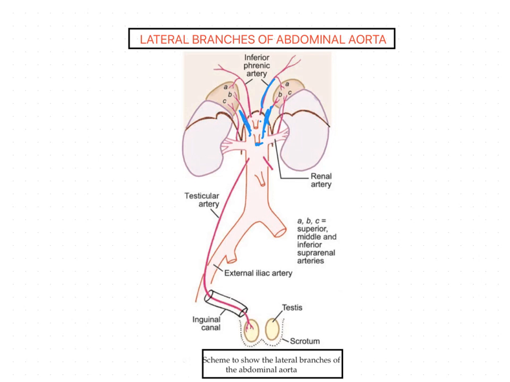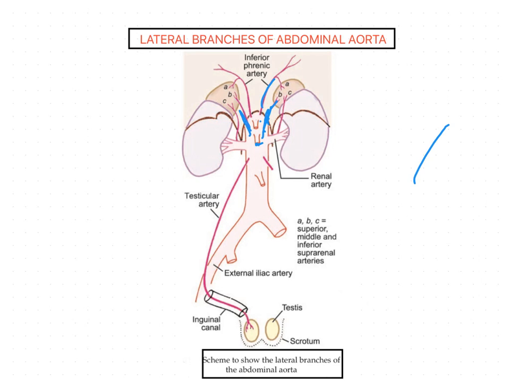The middle suprarenal arteries pass laterally and slightly upwards over the corresponding crus of the diaphragm, and finally reach the suprarenal gland. So the middle suprarenal arteries supply the suprarenal gland.